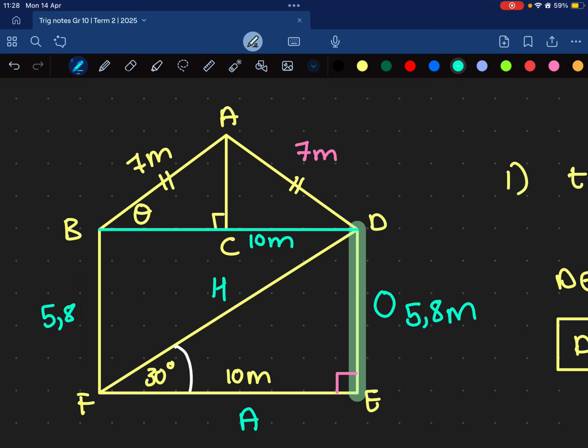Okay, so because it was given that this here and this are equal to one another, that means that this perpendicular line becomes a perpendicular bisector.